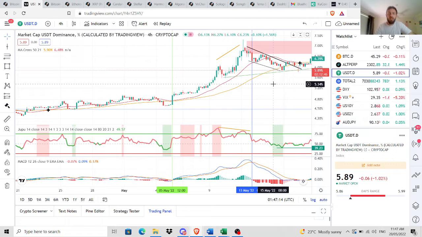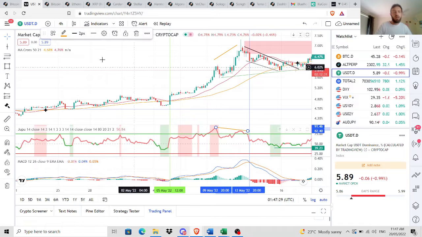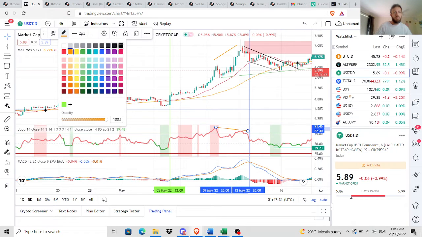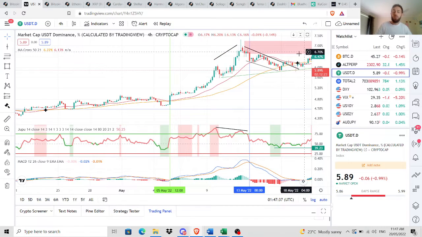Now at this stage I'm thinking, alright, we're going to continue bullish for the dollar, which means crypto is going to bleed out. But we're going to come into this resistance zone after printing this bearish divergence. We're not likely going to beat these highs, and on the daily time frame, probably going to top out.